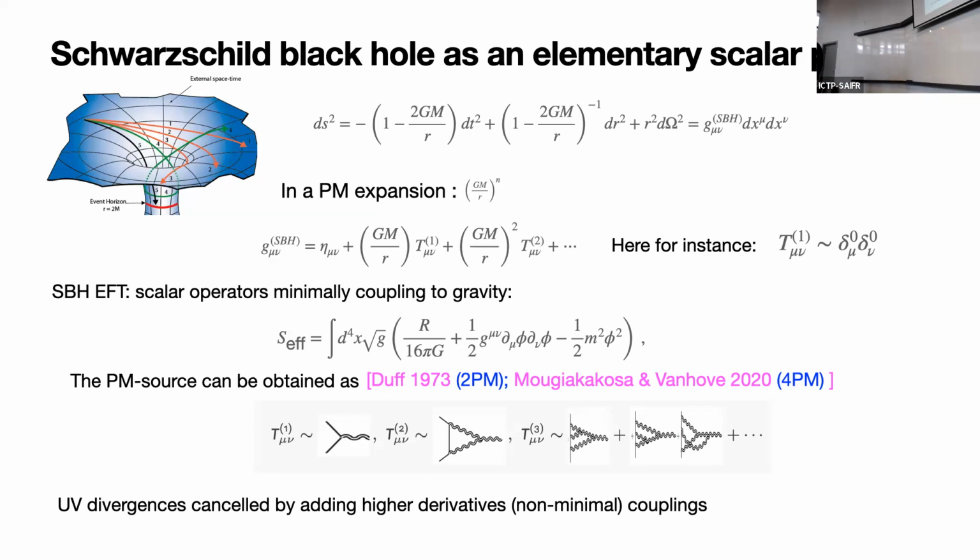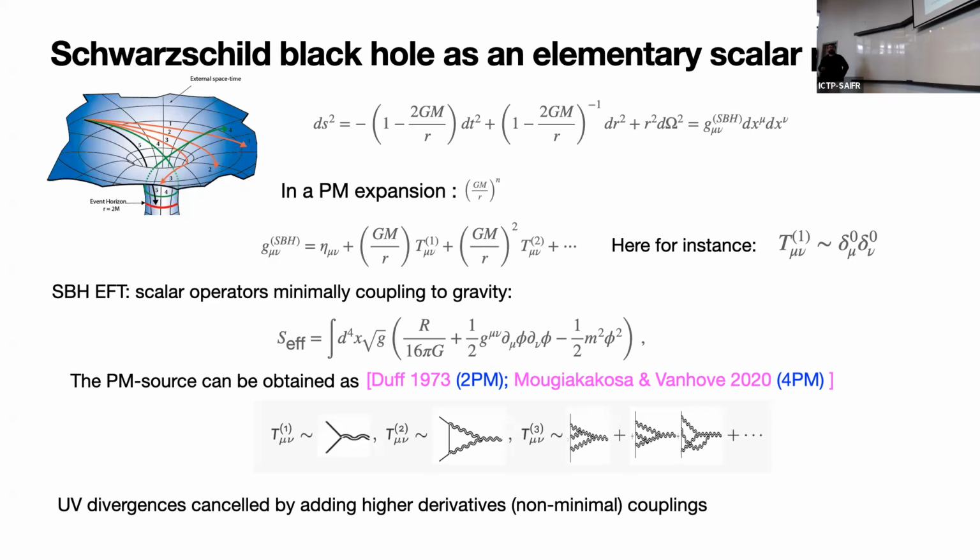So from an amplitude point of view, it turns out that you can model this Schwarzschild black hole as a massive point particle of spin 0, which is minimally coupled to gravity. What I mean is that you can compute these form factors from off-shell three-point amplitudes, and people have actually realized that you can match these form factors to the ones that appear in the Schwarzschild metric at a given order in perturbation theory.